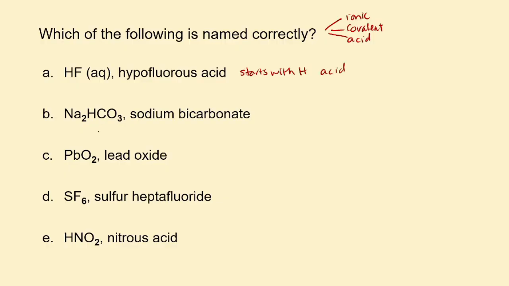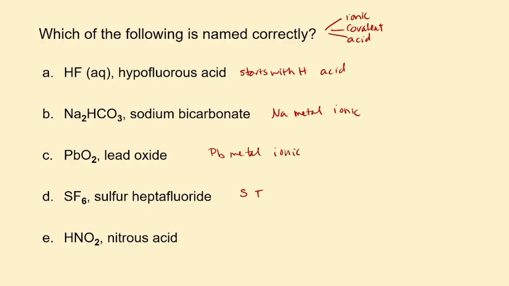Let's just type them all, and then we'll go back and check the names. So sodium is a metal. So once I see it's got a metal in it, it has to be ionic. If I see a polyatomic or I see a metal, it's ionic. I also might have noticed HCO3 is a polyatomic, and I may have caught that. Lead is a metal. It's ionic.